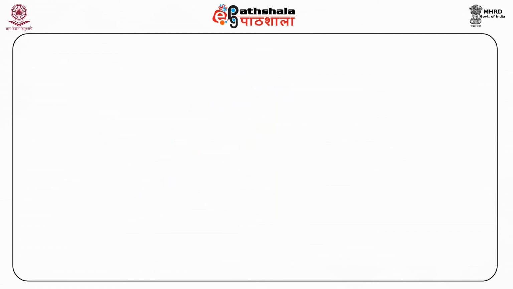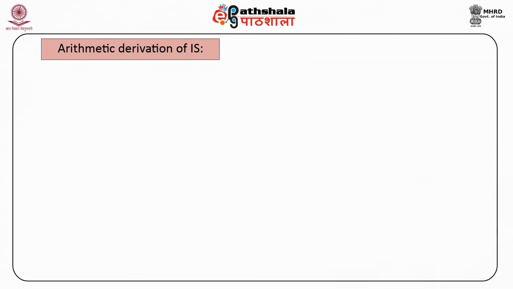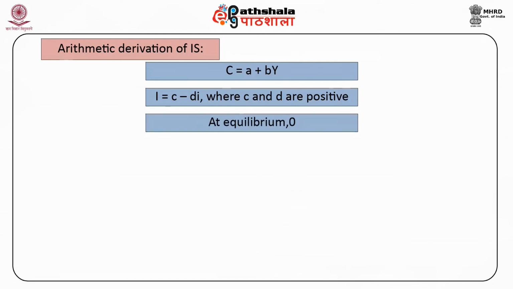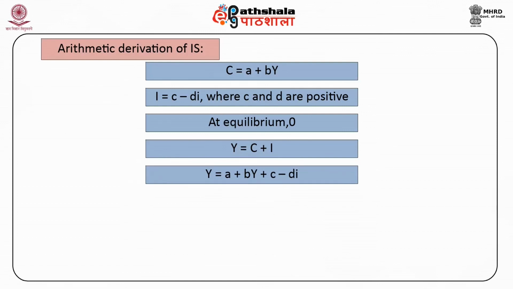The IS curve can also be derived arithmetically using the following relations. C is equal to A plus BY. I is equal to C minus DI, where C and D are positive. At equilibrium, Y is equal to C plus I. Y is equal to A plus BY plus C minus DI.